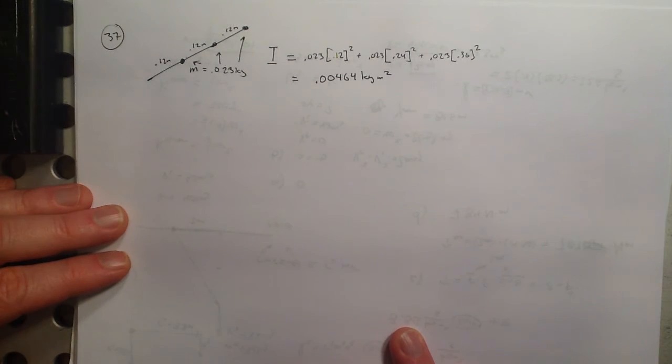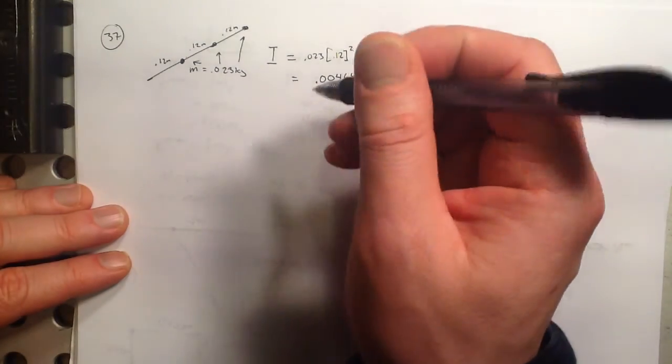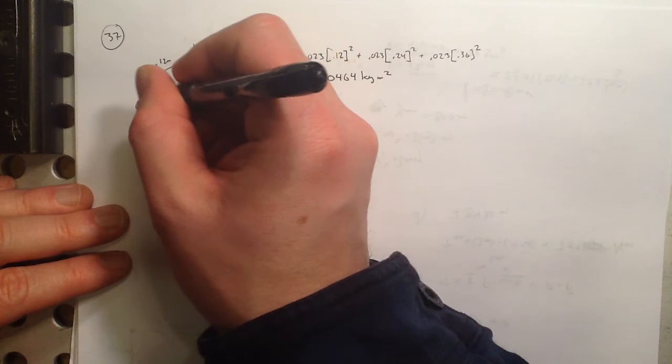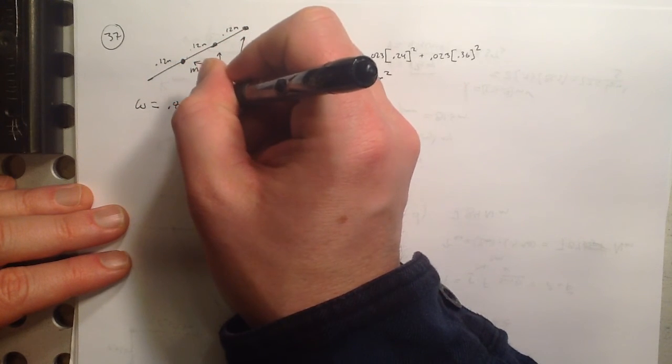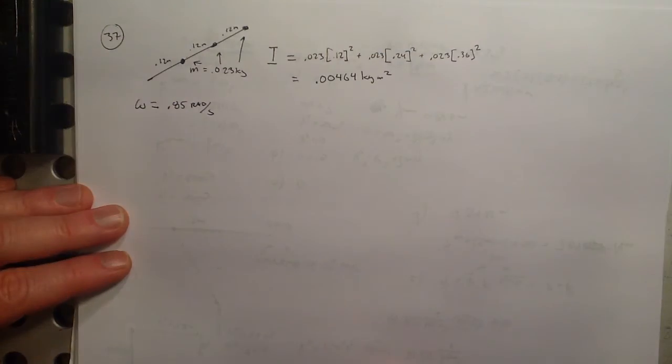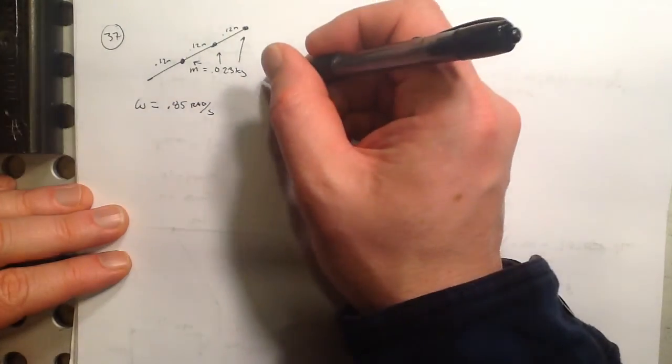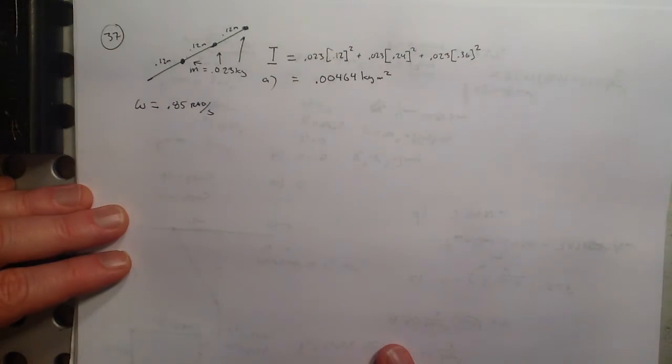They're rotating around point O with an angular velocity of 0.85 radians per second. And we want to know what's the rotational inertia of the assembly. I guess we just did that in part A. And B, the magnitude of the angular momentum of the middle particle, and then the magnitude of the angular momentum of the whole thing.